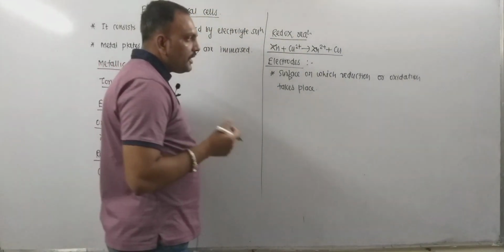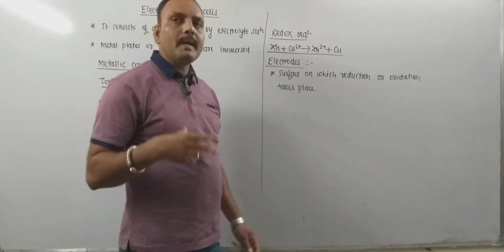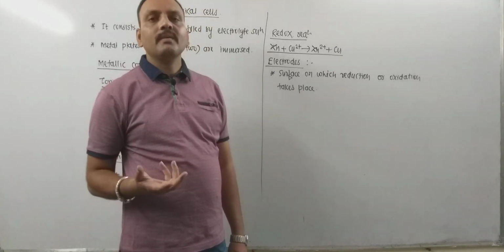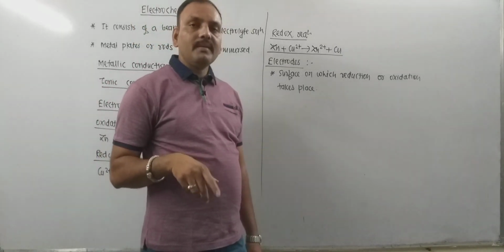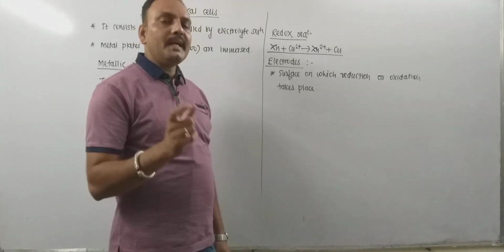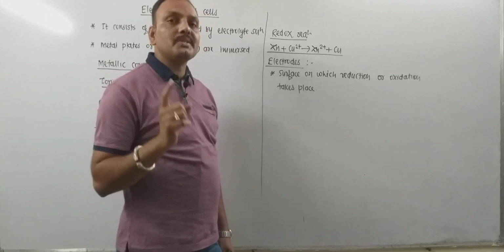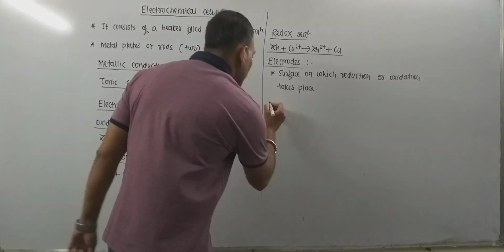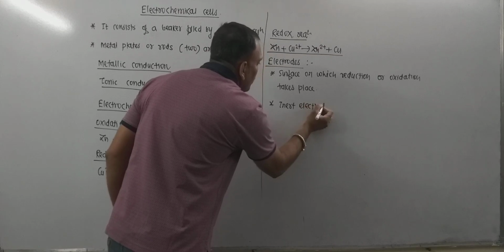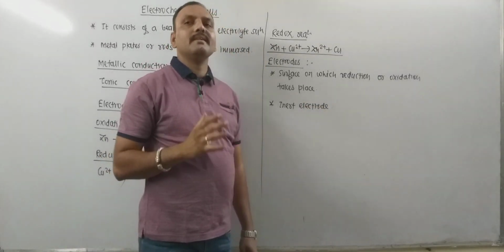Now, an electrode used in an electrochemical cell may participate in the cell reaction or not. If any used electrode does not participate in the cell reaction, then that electrode is said to be an inert electrode. Remember, an inert electrode does not participate in a cell reaction.